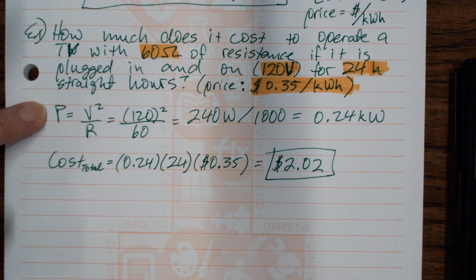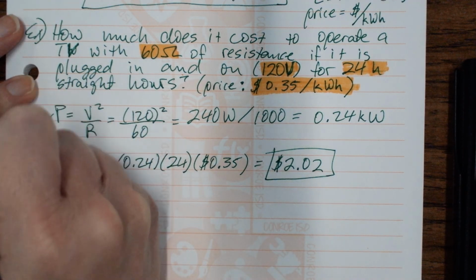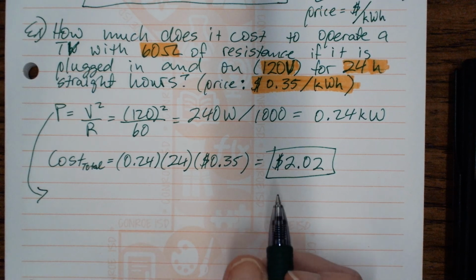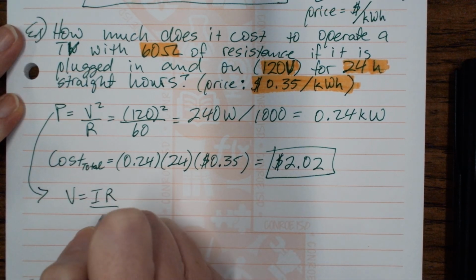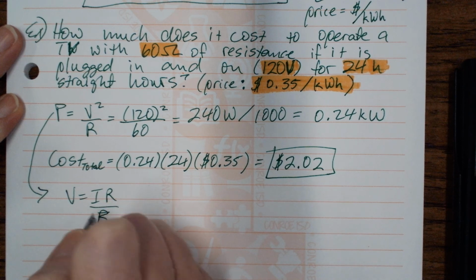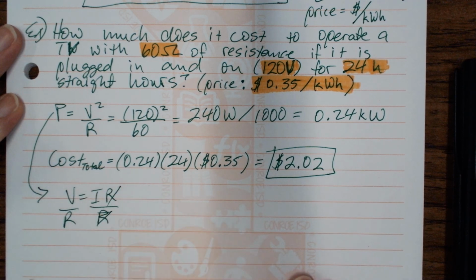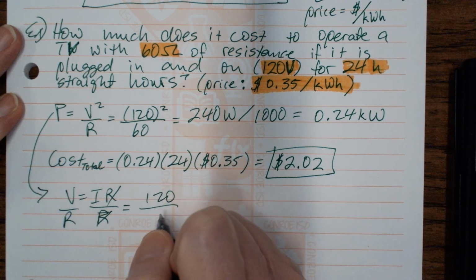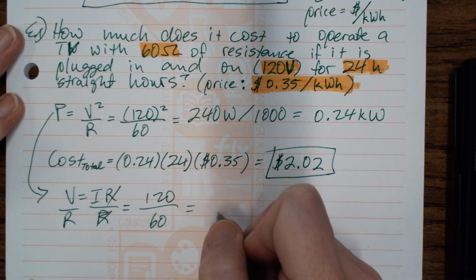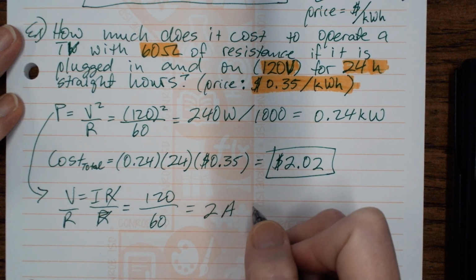The other way we could have done this one, an alternative method, would be if we wanted to use Ohm's law. So if we wanted to do V equals IR, we could find I first, so we could divide both sides by R. So then you could do 120 divided by 60, which gives you 2 amps.